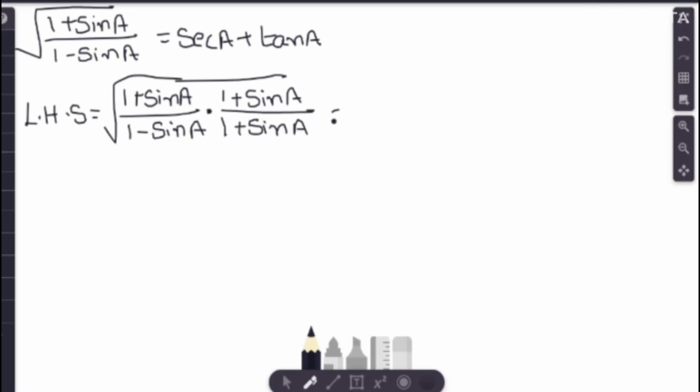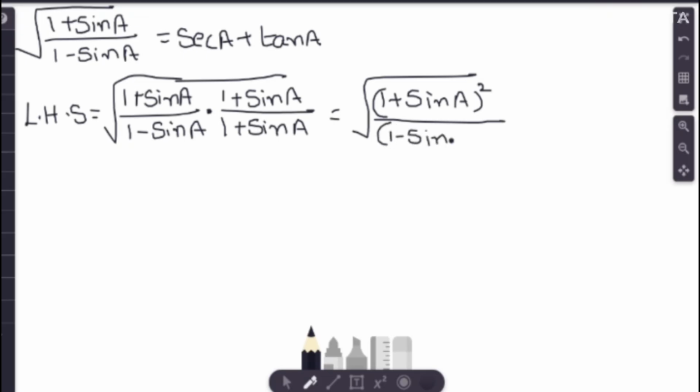So in the numerator, 1 plus sin A repeatedly came, so 1 plus sin A whole square. In the denominator, 1 minus sin A into 1 plus sin A. See, here one identity is there, that is A minus B into A plus B is equal to A square minus B square.